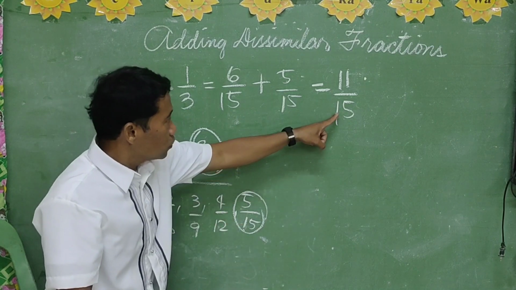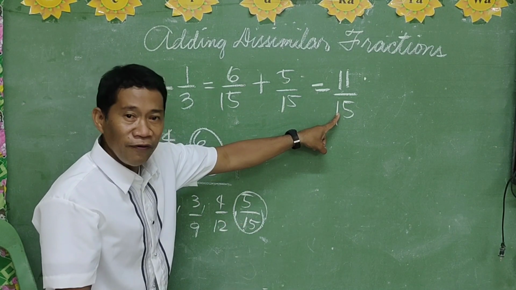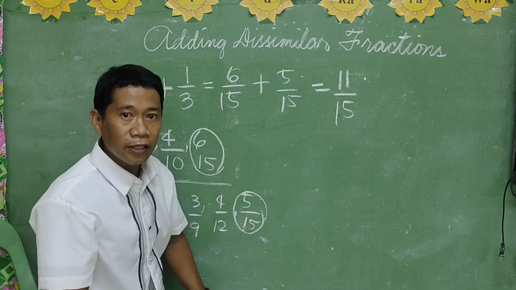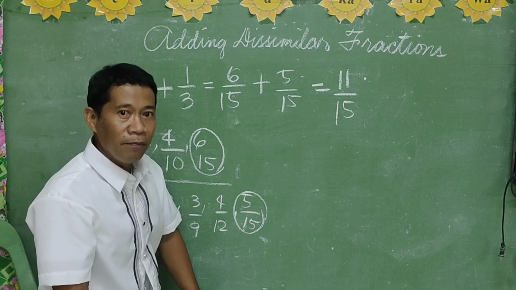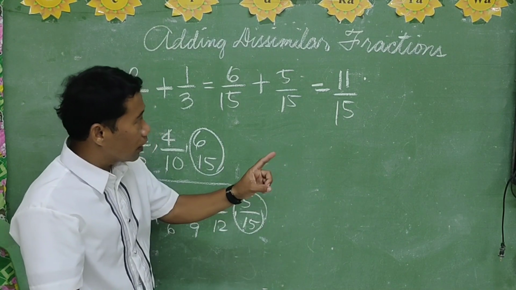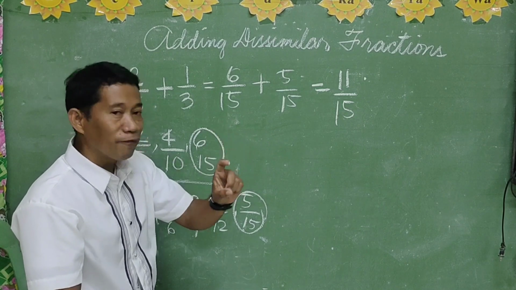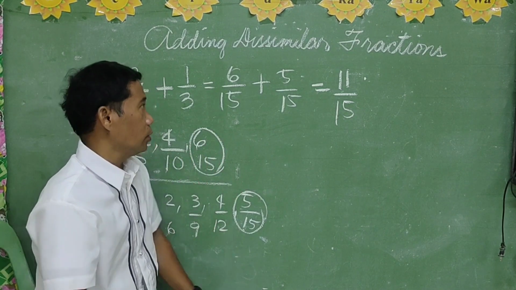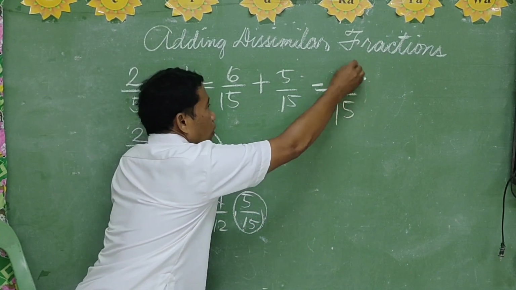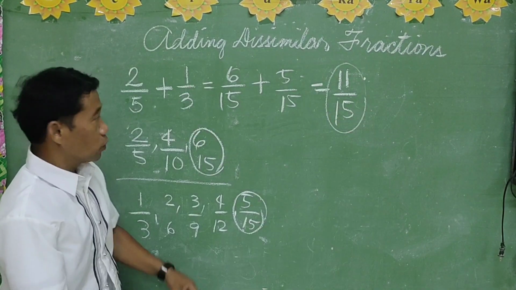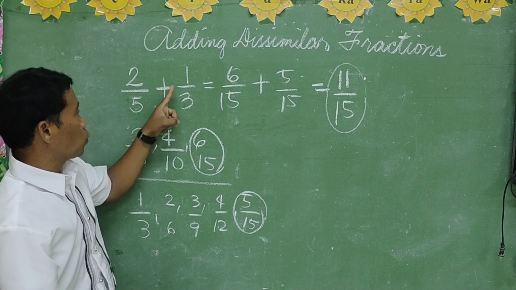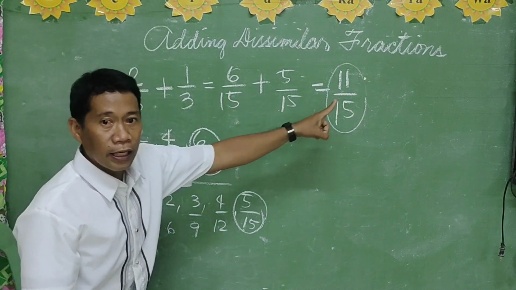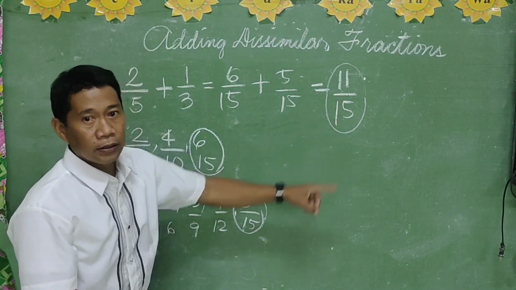And if we are going to know the factors of 15, the answer is 1 times 15 and 5 times 3. Mapapansin natin doon na yung greatest common factor doon is 1. So if 1 is the greatest common factor, ito na yung sagot natin. So 2/5 plus 1/3 equals 11/15.